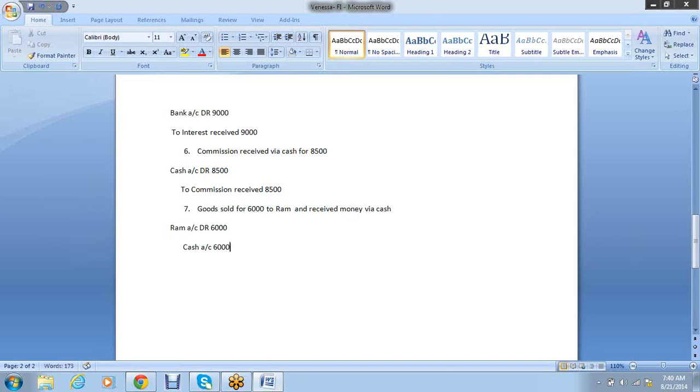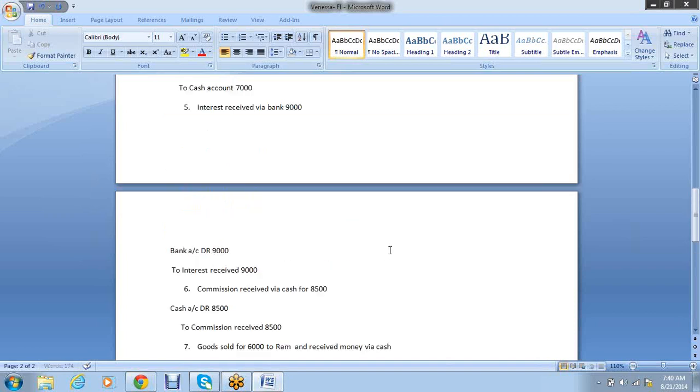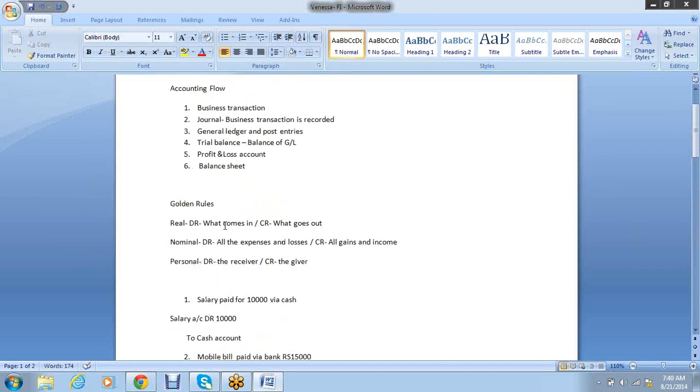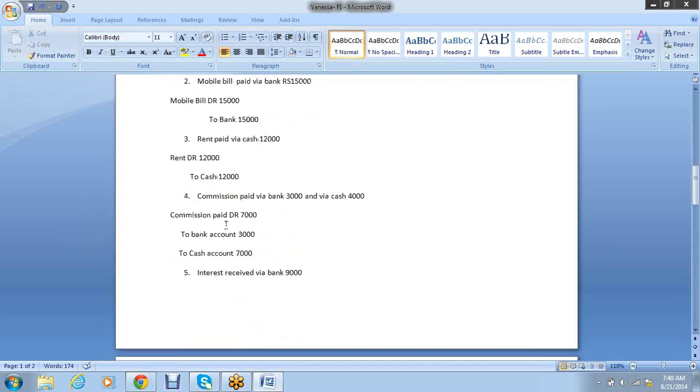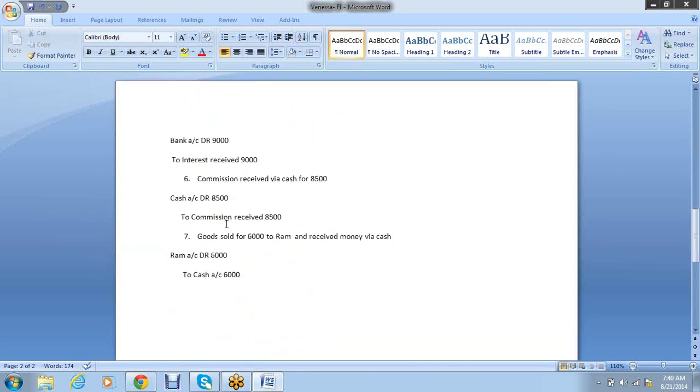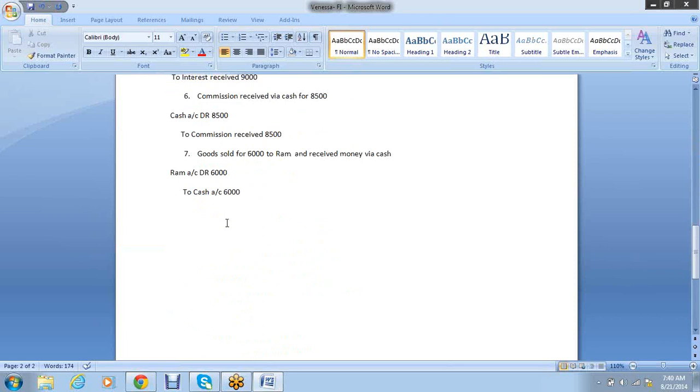Cash account is credited. So I sold the goods, correct? So my cash is coming in, so what comes in should be a debit, correct? Yes, but that's for the goods. My goods are going out, cash is coming in, Ram's account is also there.